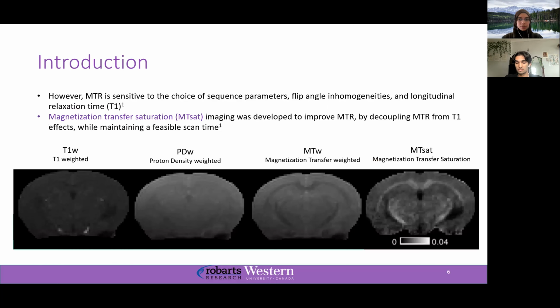Magnetization transfer saturation, MTsat imaging, was developed to improve MTR by decoupling MTR from T1 effects while maintaining a feasible scan time, and the theory is explained in detail by Helms et al. in MRM. MTsat requires an additional T1 weighted scan.